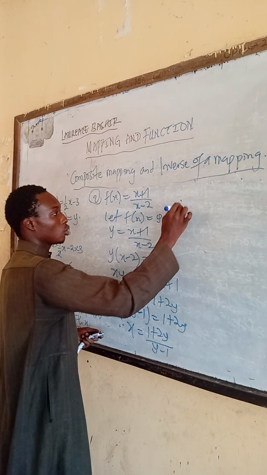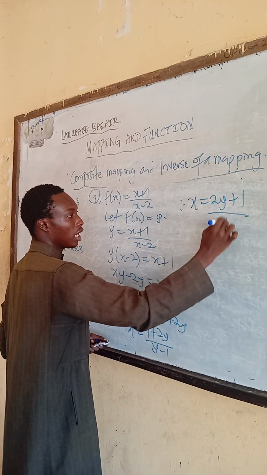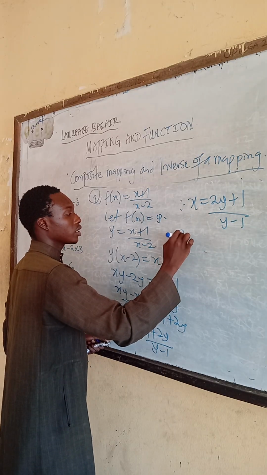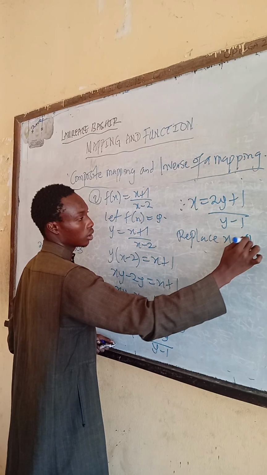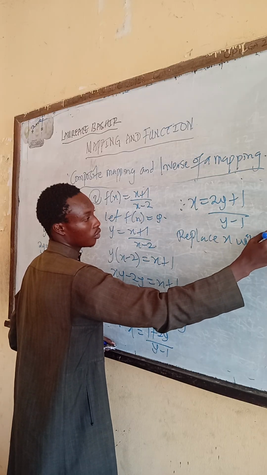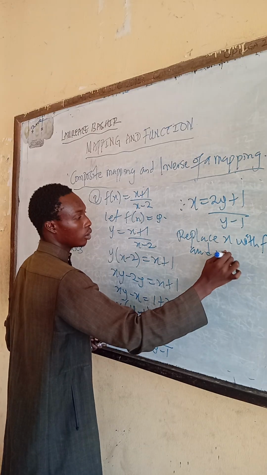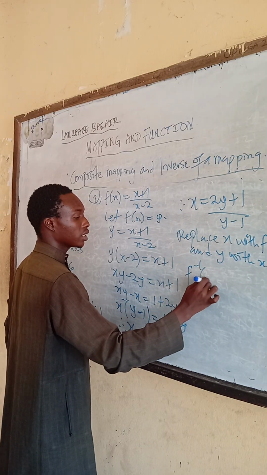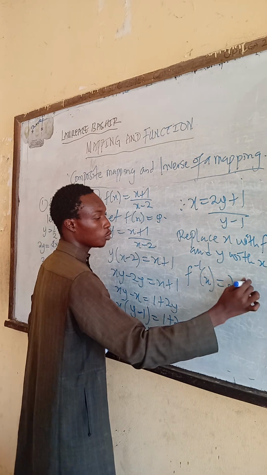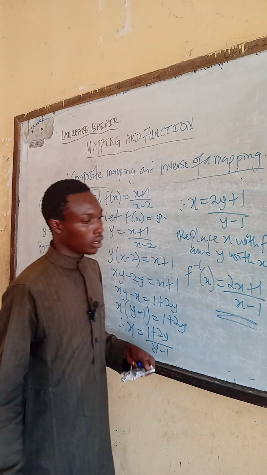You can still write this as x equals 2y plus 1 over y minus 1. Now replace x with f inverse of x, and y with x. So therefore, f inverse of x equals 2x plus 1 over x minus 1. That's your inverse.